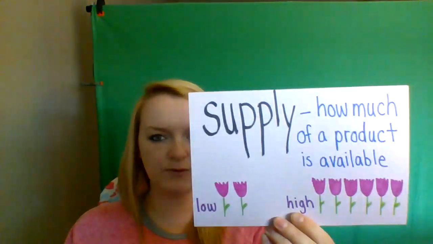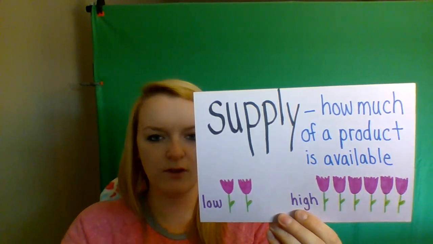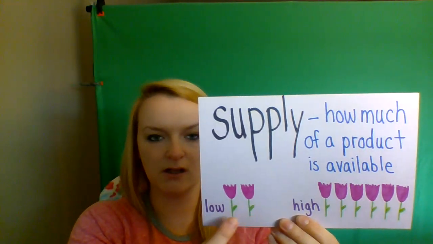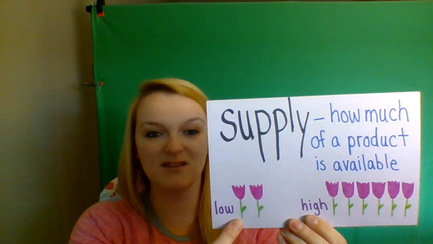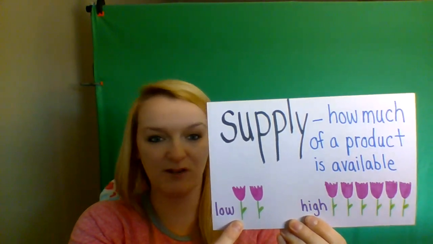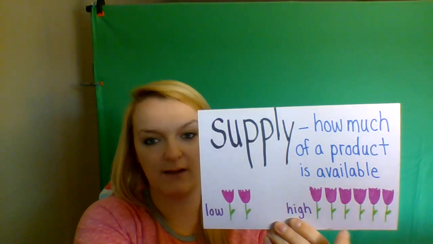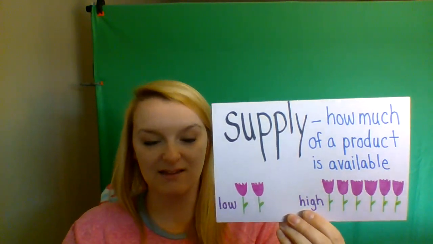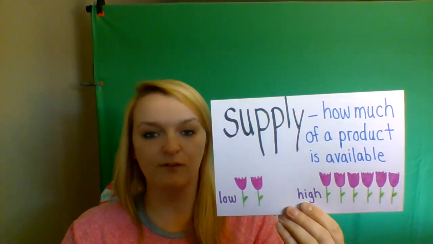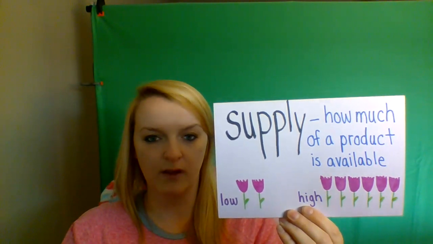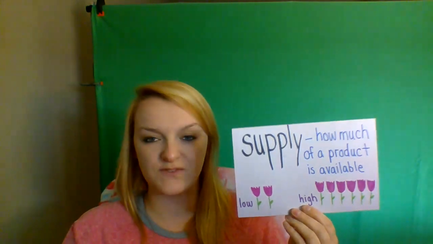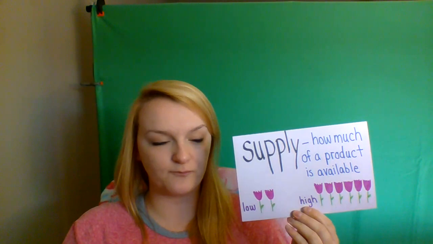I have 2 flowers here. That is low supply. There are not many flowers available. Here I have many flowers. That is high supply. There are a lot of flowers available. That's supply: how much of something is available.